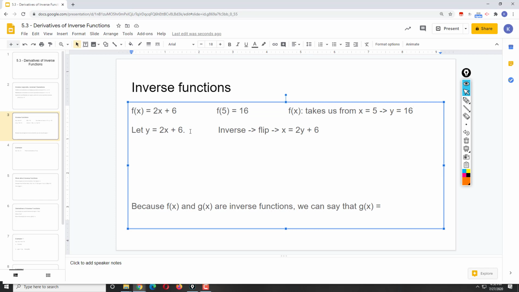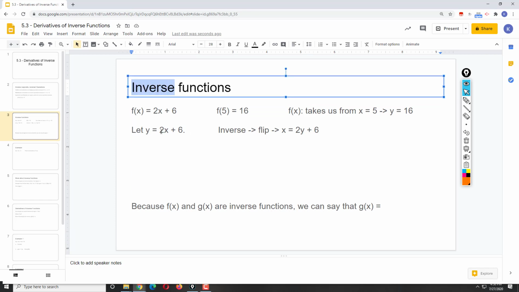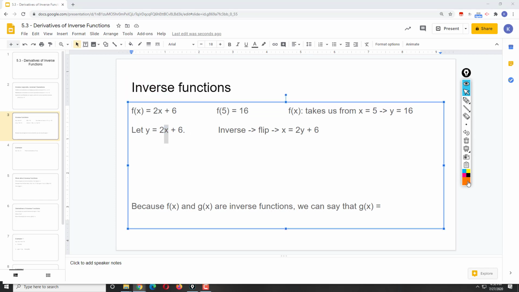Now, we let y equals f of x, so y equals 2x plus 6, our function. Let's flip it, because inverse means reverse or opposite, right? So I'm going to flip the x and the y. I'm going to put the x where the y is and the y where the x is. So y equals 2x plus 6 becomes x equals 2y plus 6.